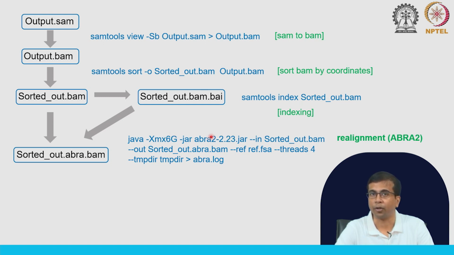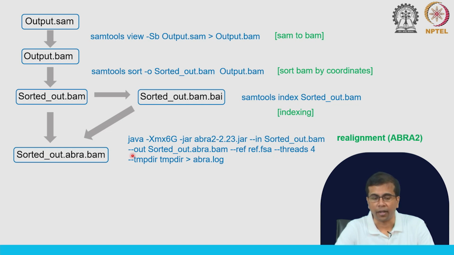Then we are calling the program, version 2.23, and we are specifying the input file name, giving the output file name, and also mentioning the reference file name, which is the reference sequence. Then the number of threads that you will use to run in the processor in the computer. We have also created a temporary directory, and that is where this log will be generated.